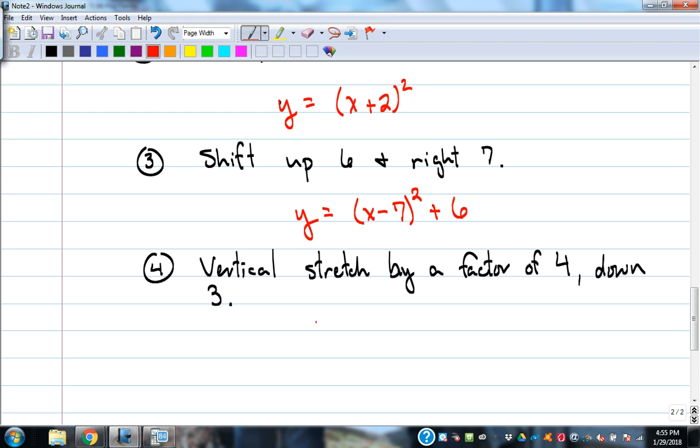Times x, or 4 parentheses x squared. Do I need parentheses here? No, I'm not doing anything horizontal, right? So I'm only doing a vertical stretch, and then I'm shifting vertically down 3. So I'm not going to need any parentheses. Minus 3 there, yeah. 4x squared minus 3.